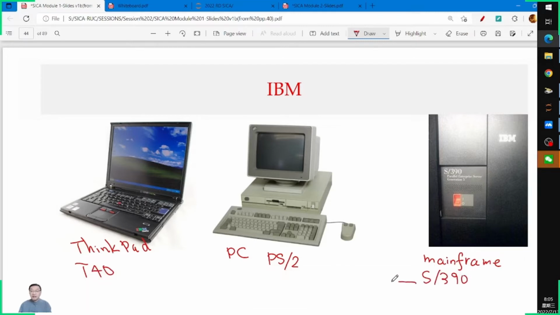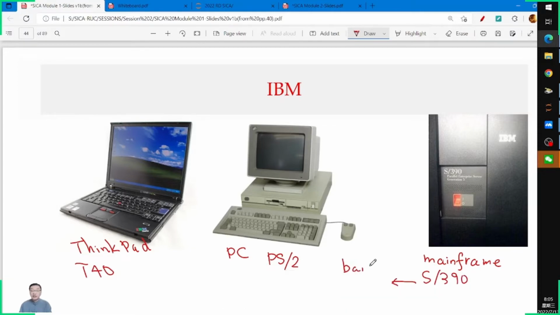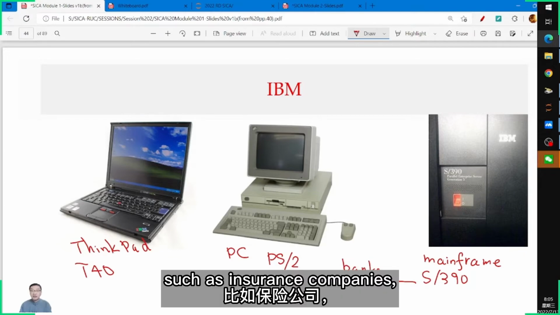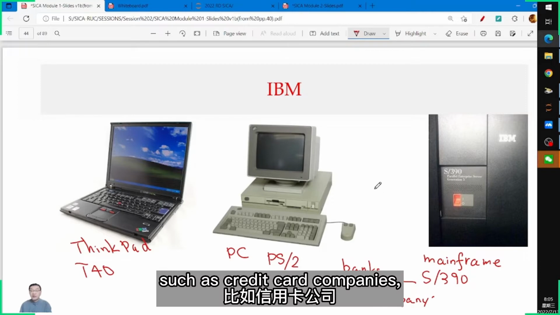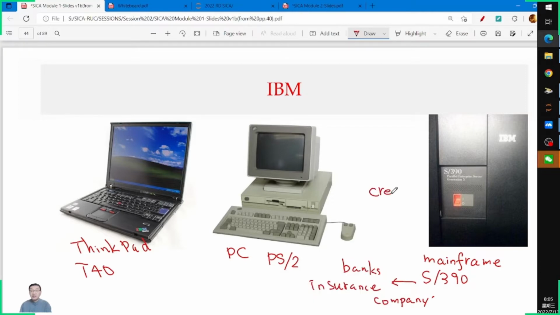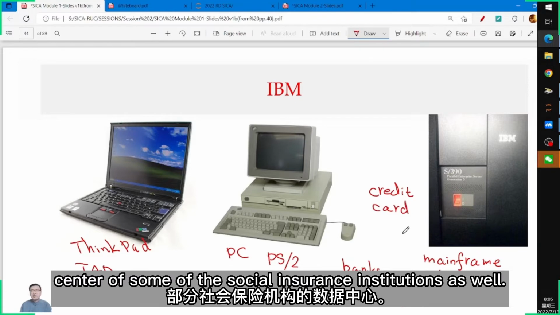This computer is the data center of many financial institutions, such as banks, insurance companies, and credit card companies. Also, for many countries, this computer is the data center of some of the social insurance institutions as well.